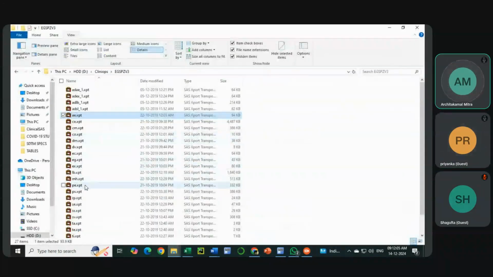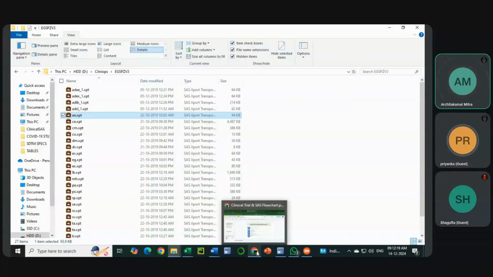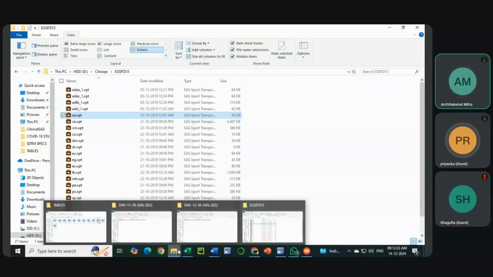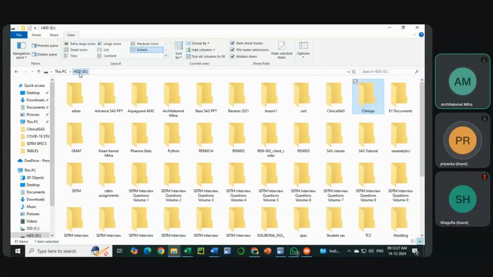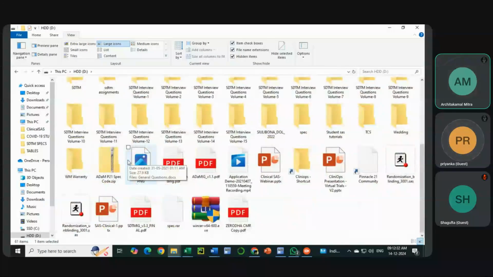Yeah, go ahead. These are the XPT files. We had to open those with the Pinnacle 21 software. When I was working in an organization on these things, I had access to Pinnacle 21 there. But I don't know if I can upload it randomly.